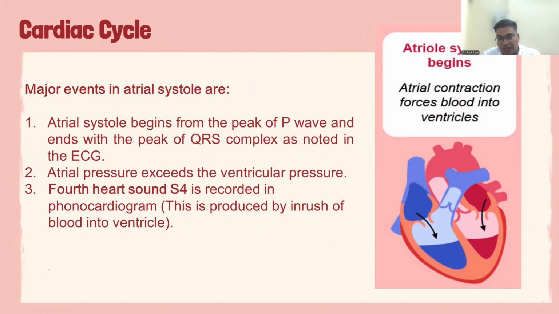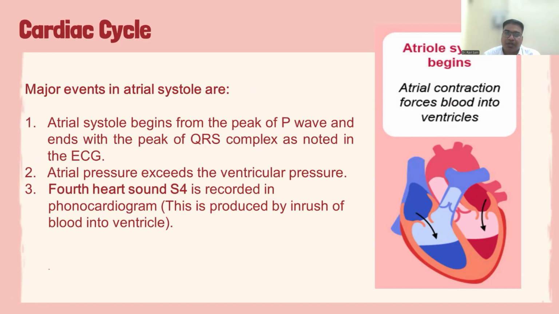The important point is that fourth heart sound, which is normally not audible in subjects, can be traced by the specific instrument which is called phonocardiogram. The reason for the production of fourth heart sound is inrush of blood into the ventricles.